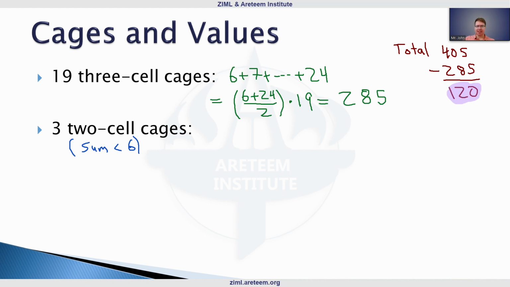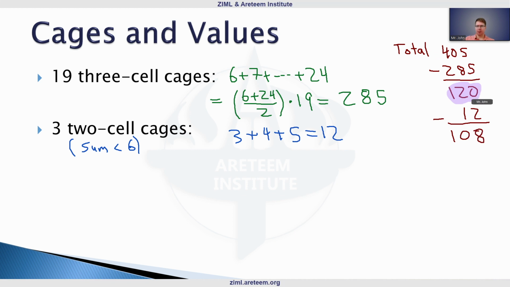So this has to be 3 plus 4 plus 5, right? We talked about this minimum a little bit last time. But now we know that those cells are 3, 4, 5. Their sum is 12. So keeping track of our leftovers, we now have minus 12, and we're left with 108.